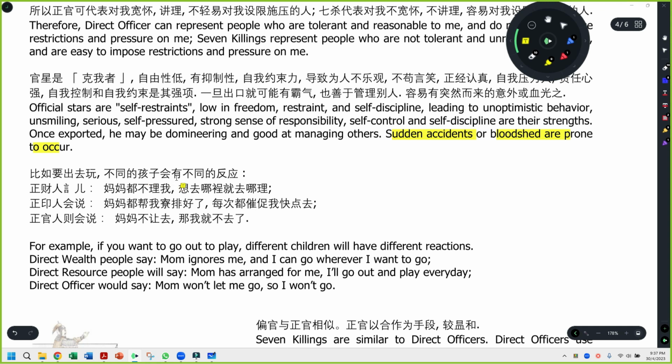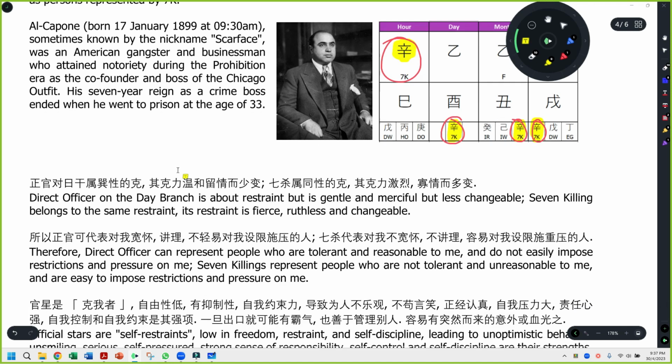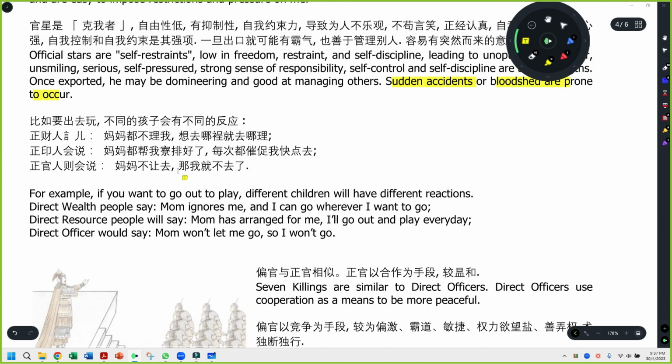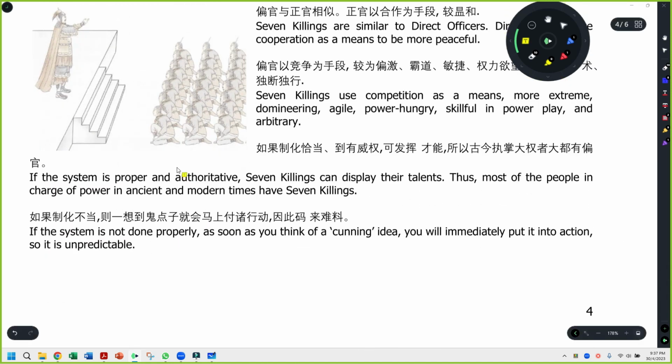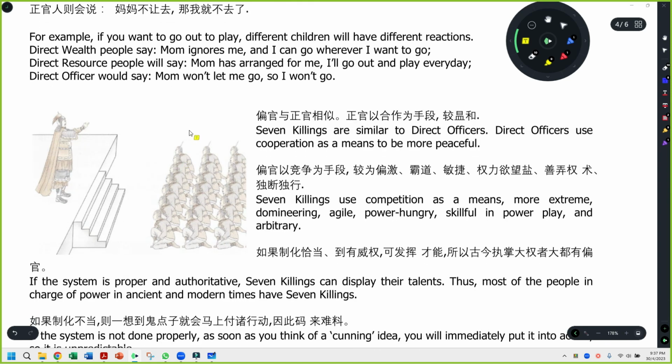All right, so now let's understand, if you have a 7 killing boss, if you have a 7 killing person that you have to liaise with, what would be their key approach in life? What would be their key way of thinking? Now, both 7 killing and direct officers are elements that bring them to a managerial role.